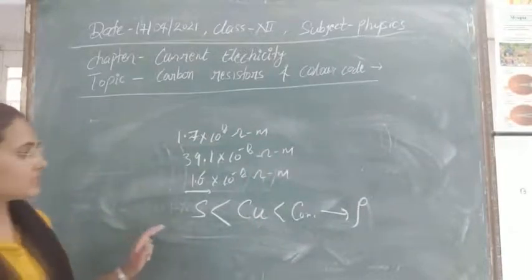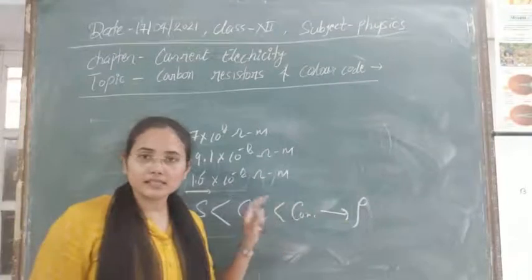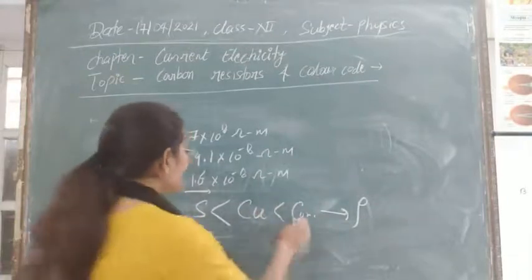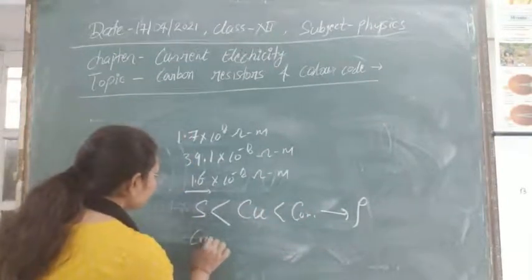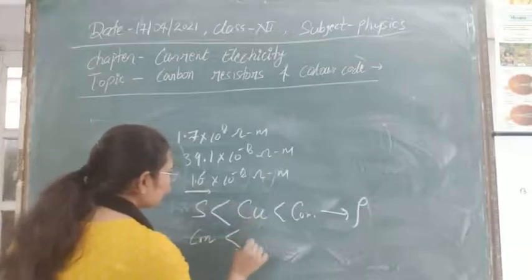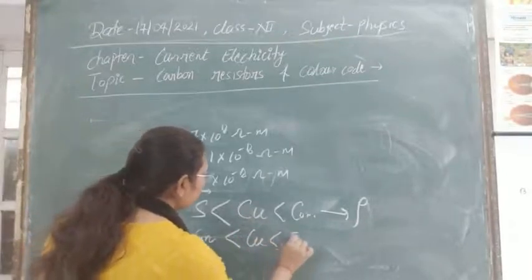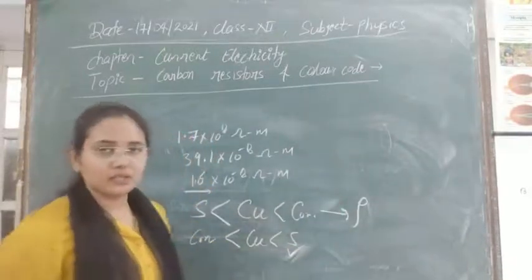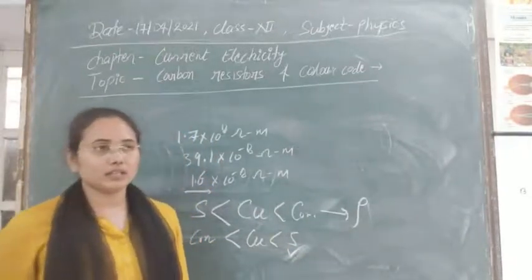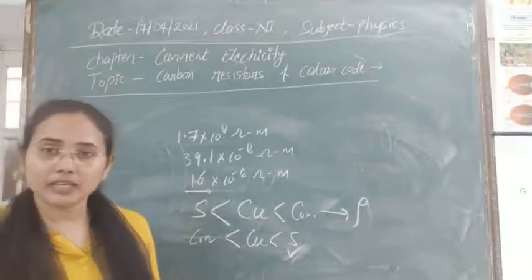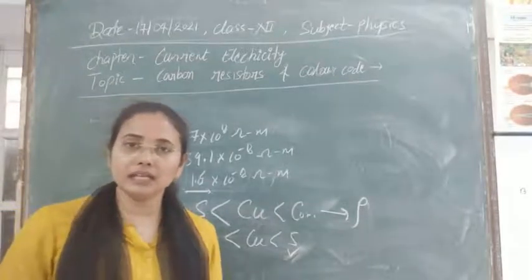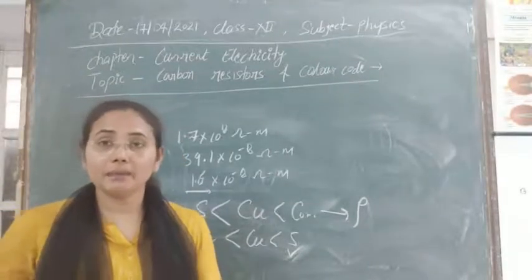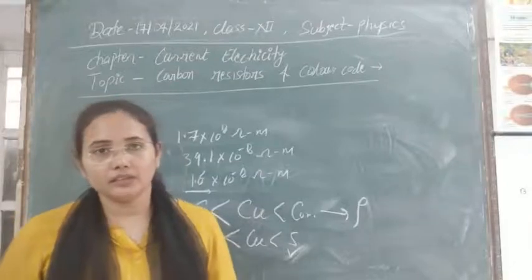For conductivity, the order is reversed: greater resistivity, less conductivity. So conductivity is least for constantan, then copper, and then silver, which means silver has the greatest conductivity. In this way, by using the concept of resistivity, we can easily tell which material is the best conductor among the given materials.